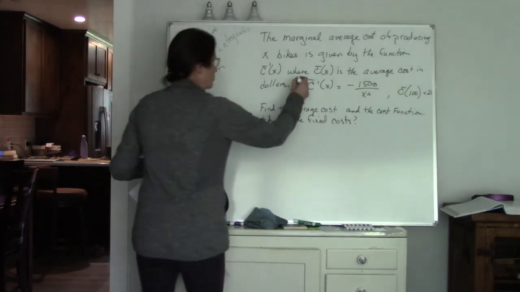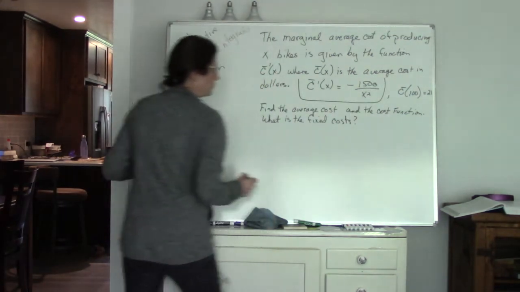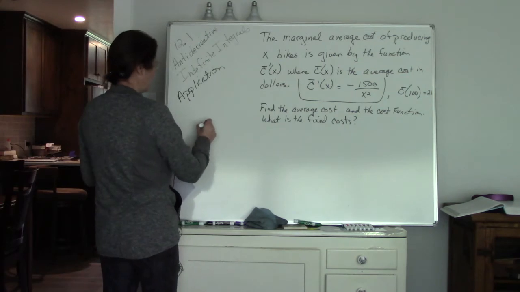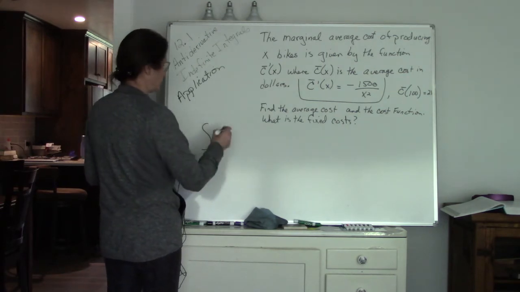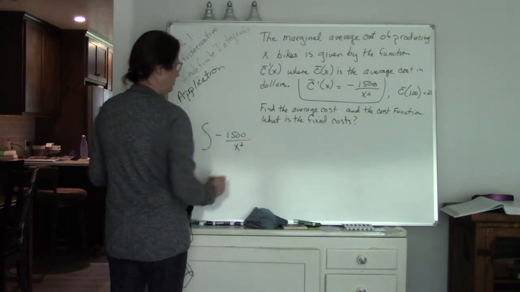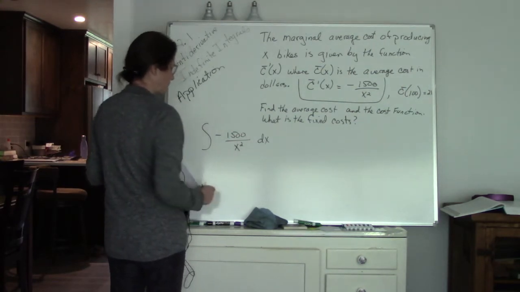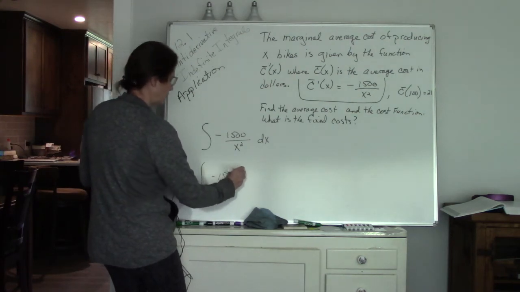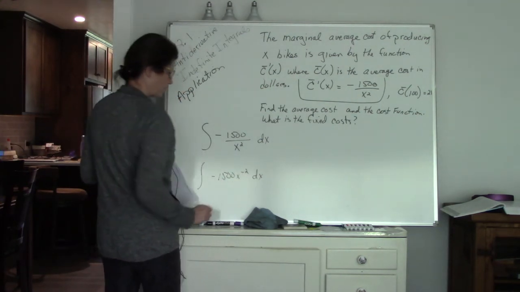So here's our function. We are given the derivative, so we have to do the antiderivative of negative 1500 over x squared dx. We can change this to negative 1500 x to the negative 2 dx.